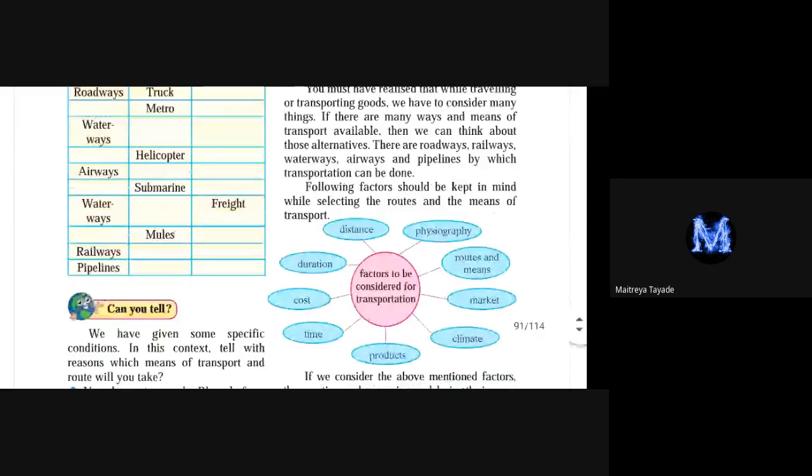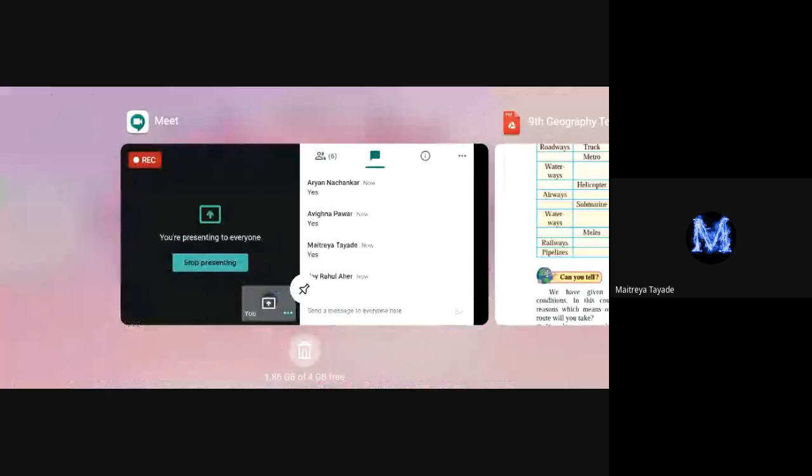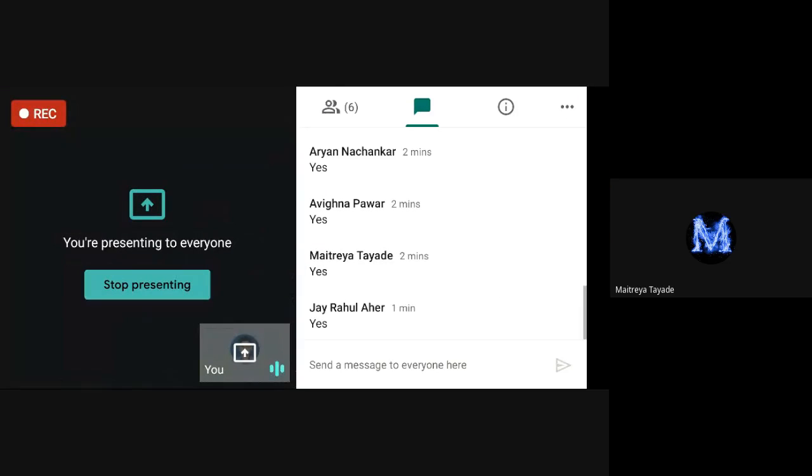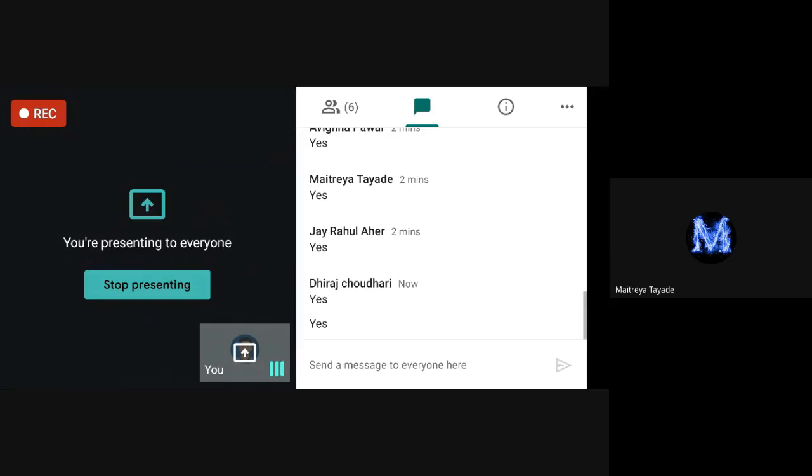Okay, very first tell me, are you able to understand this table? Not very difficult, right? There are only three columns.